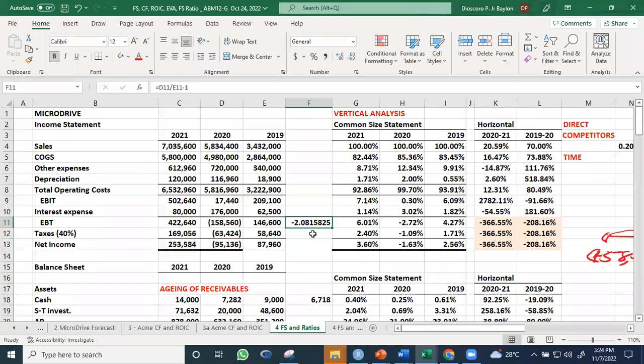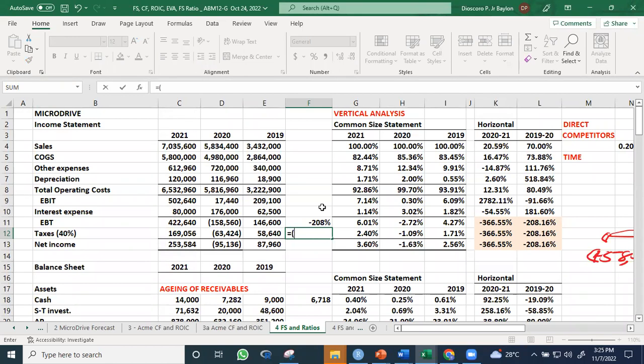So anong lumalabas dito? Ito yan, di ba? 208.16%. Okay, if I convert that into percent, 208%. And it's actually equal to, di ba, equal lang yan sa, ano ba yung long formula ng growth rate?